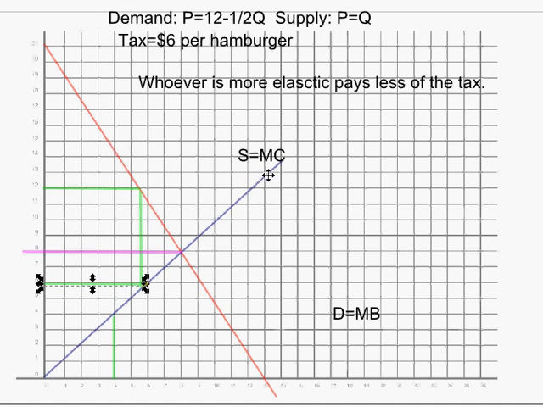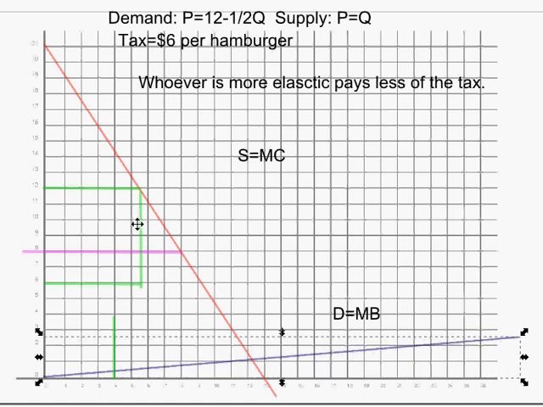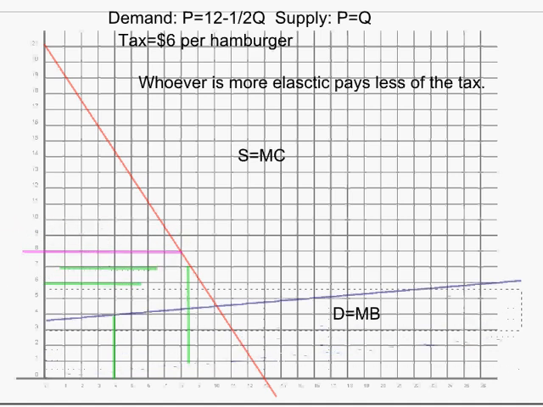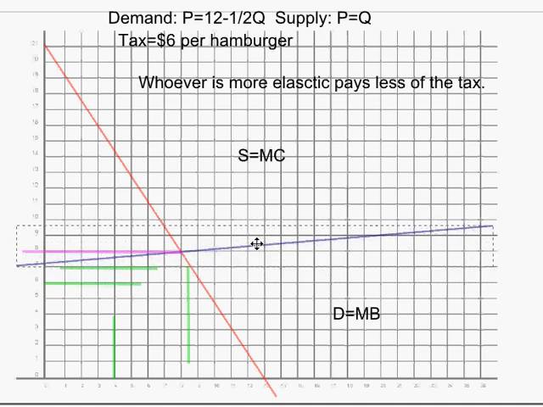Now, if we suppose the supplier said, wow, we want to become more elastic now so we don't have to pay as much of this tax, let's make their slope much flatter. Now let's jam that $6 in here. Okay, right about there. And now let's see. Well, that's not the same equilibrium price. Sorry, let me make this a little more simple, and let me make the equilibrium price still 8 there so we can see what's going on.